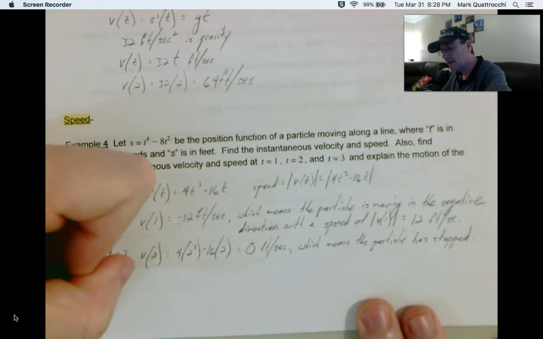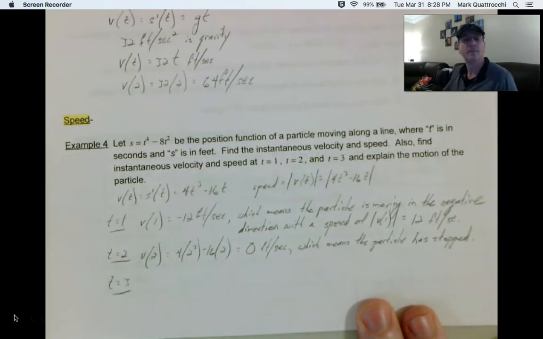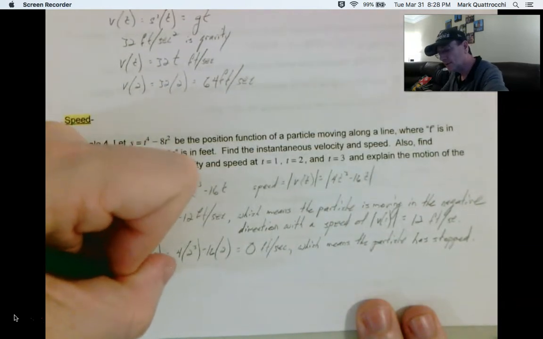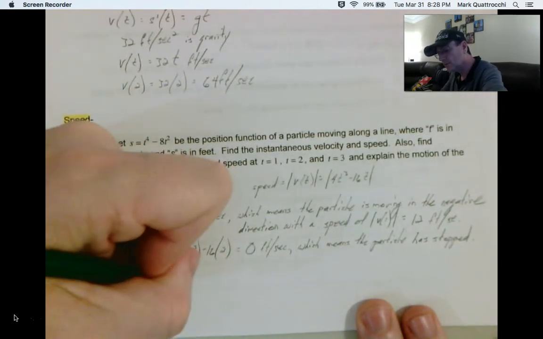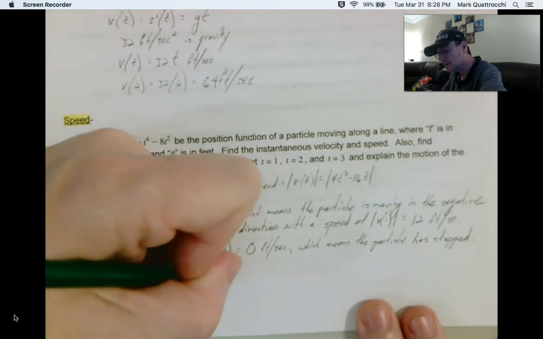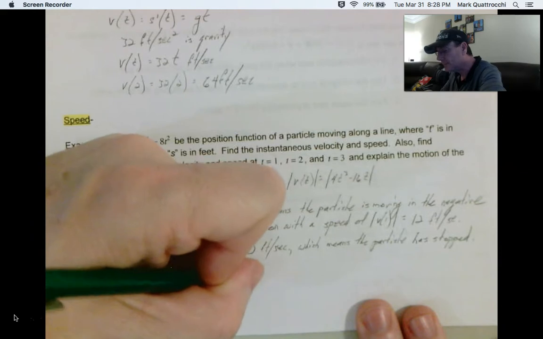T equal to 3 seconds. So v of 3 equal to 4 times 3 cubed minus 16 times 3.